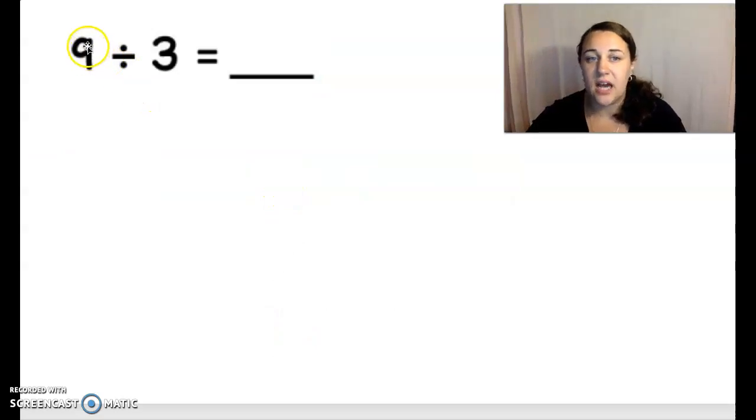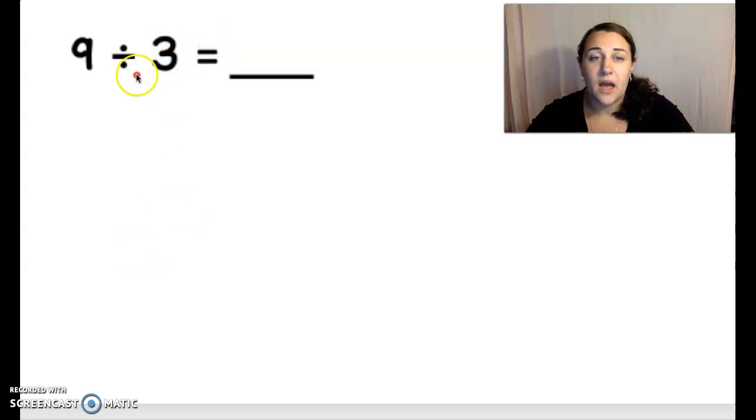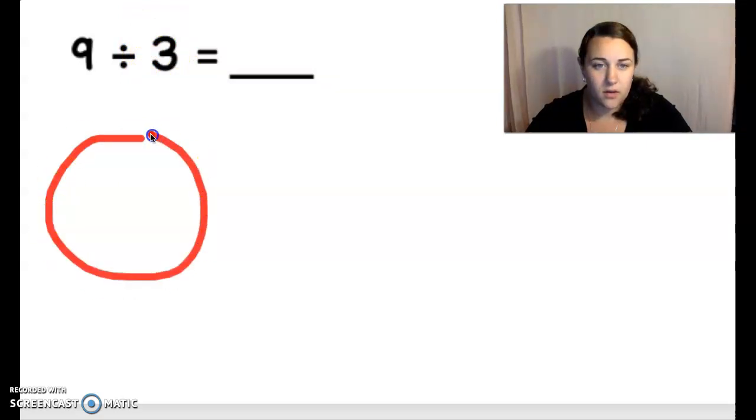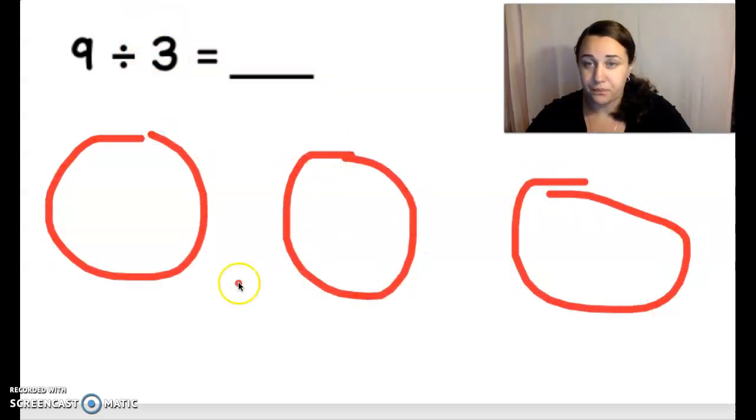Okay? So let's actually do a problem. I have 9 divided by 3. 9 is my total, and 3 is how many groups 9 is being divided by. In order to solve this problem, I'm going to start with my second number because that's how many groups I need. So I have 1, 2, 3.